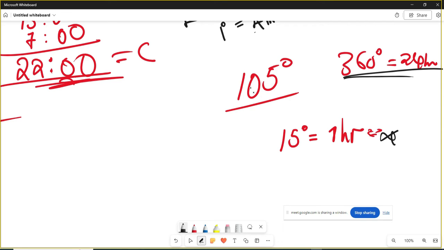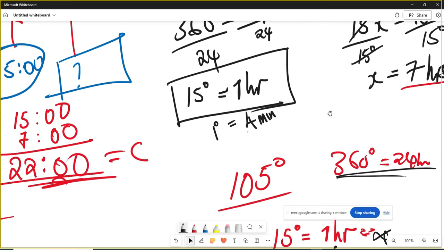Since 15 degrees is equal to 1 hour, then 105 degrees is equal to x. After cross multiplying and finding the value of x, we found that x is 7 hours.